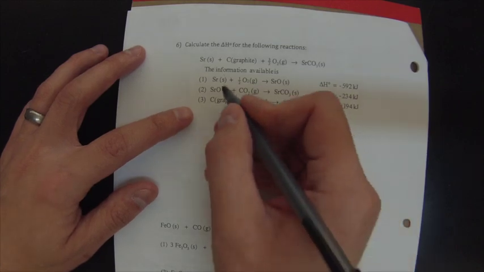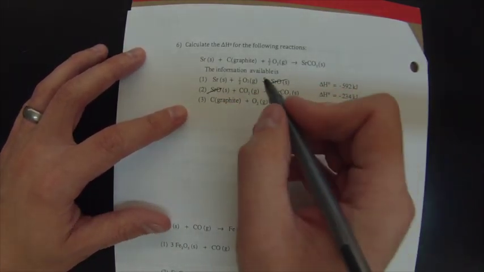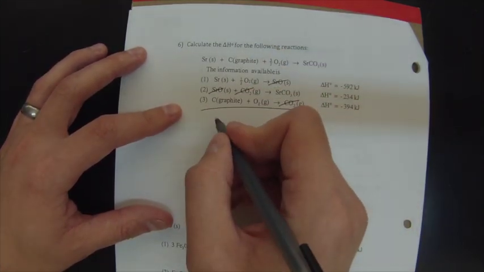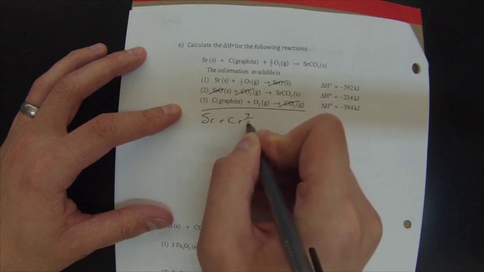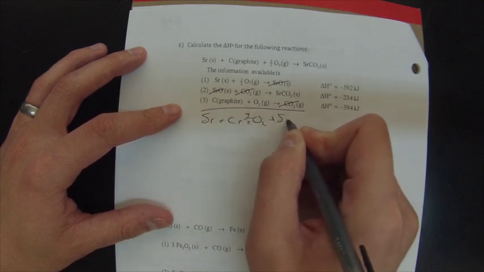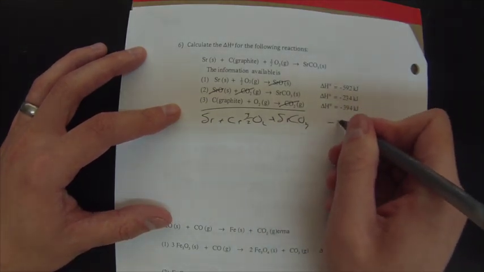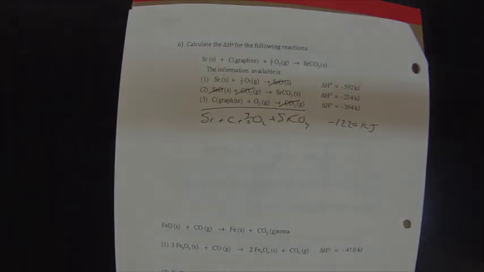We don't want strontium oxide, but there's 1 on the left and 1 on the right, so they cancel. We don't want carbon dioxide, but there's 1 on the left and 1 on the right, so they cancel. So this works. This just happens to work. Which the next one most certainly will not. And then you just sum those and you get negative 1220 kilojoules.